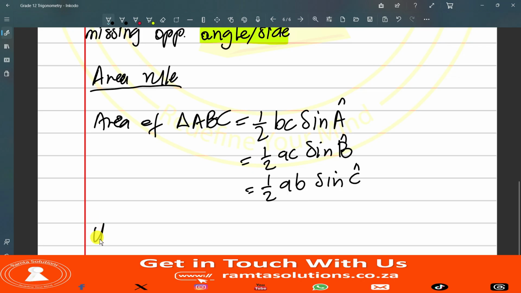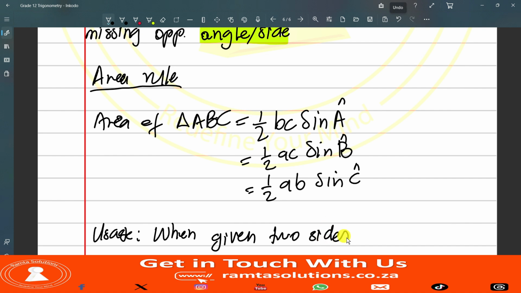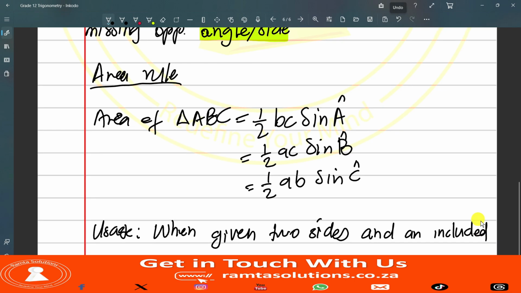Usage: when given two sides and an included angle, this is when you can use the area rule.